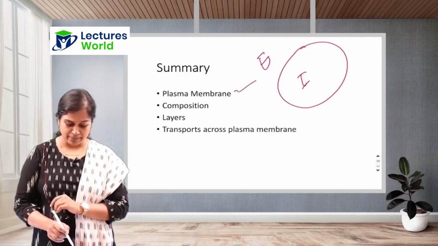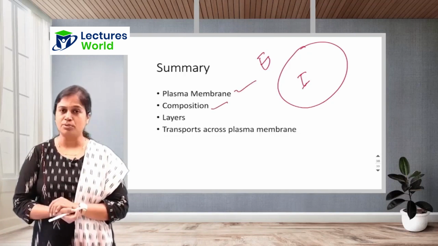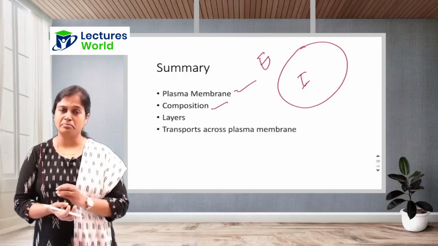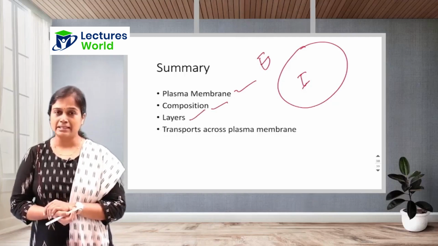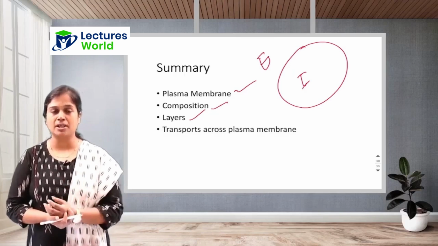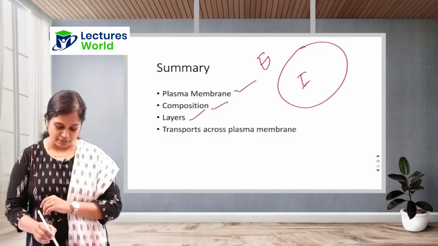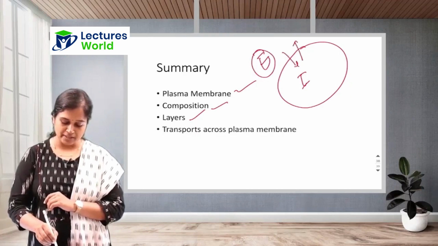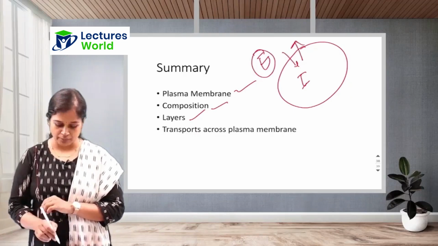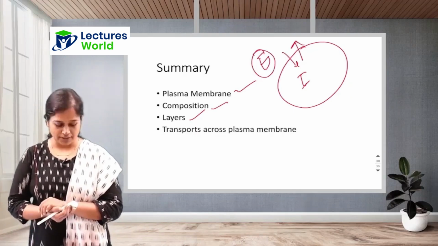This plasma membrane, as we know, is composed of protein, lipid and cholesterol, and it has layers, and these layers have a specific function: protects the cell environment from the extracellular. It even helps in the transportation of material from inside to outside of the cell.